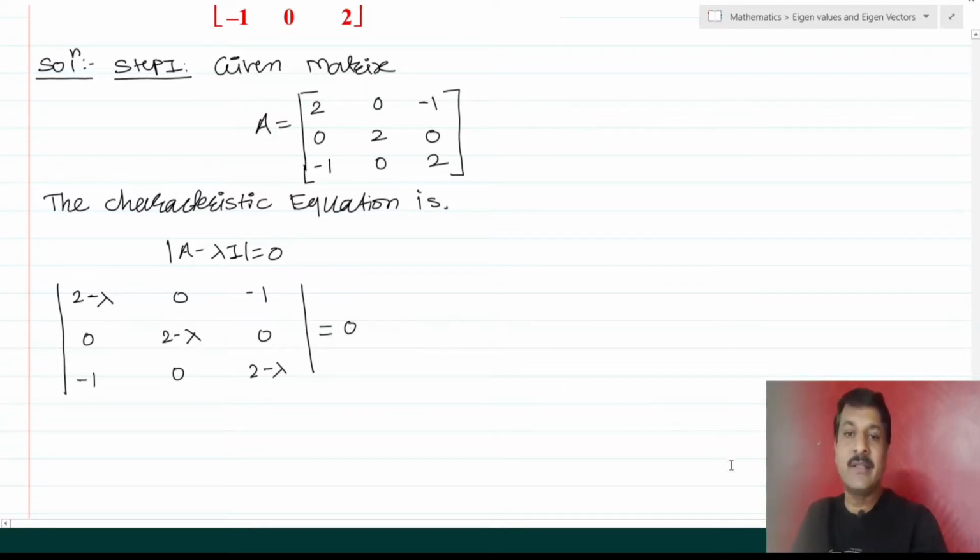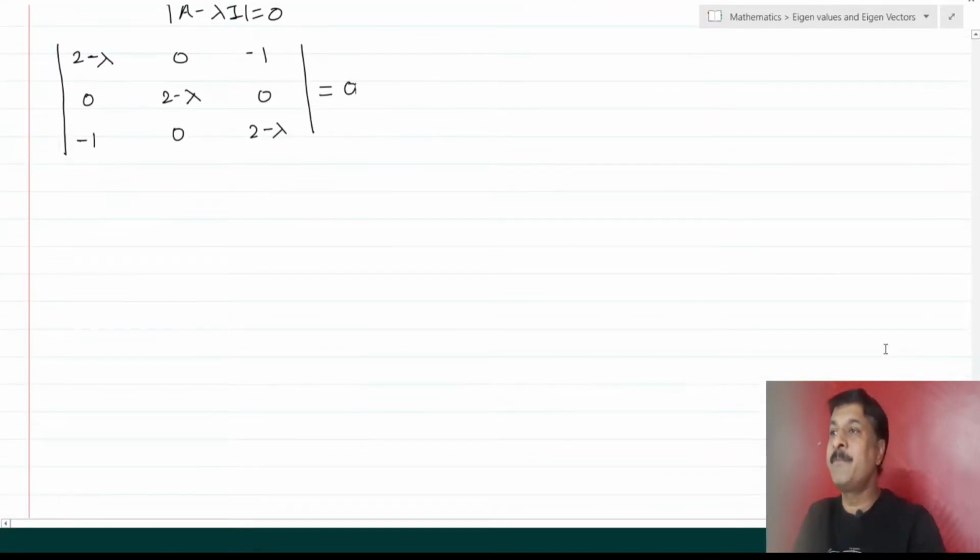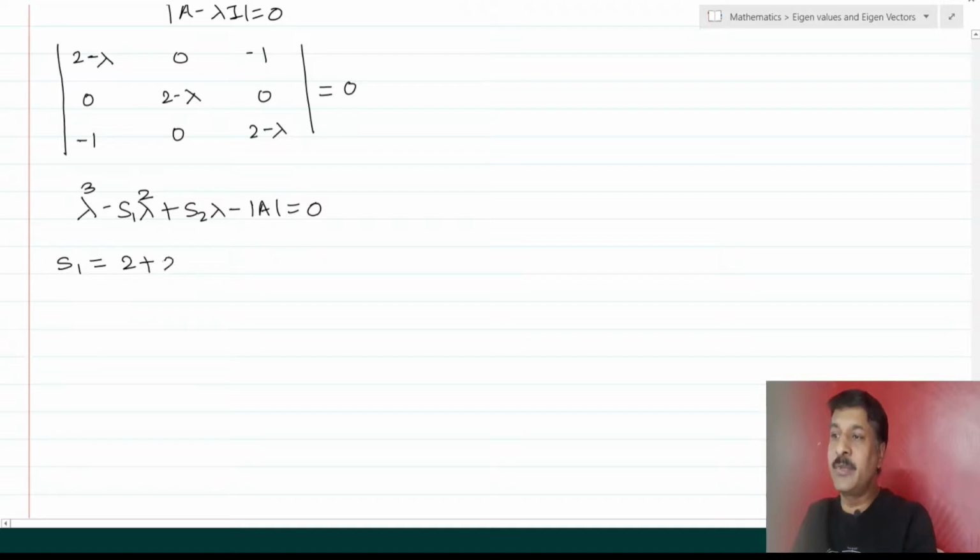As it is a 3 by 3 matrix, the equation is lambda cube minus s1 lambda square plus s2 lambda minus determinant of A equal to 0. So what is s1? The sum of diagonal elements: 2 plus 2 plus 2, that is equal to 6.